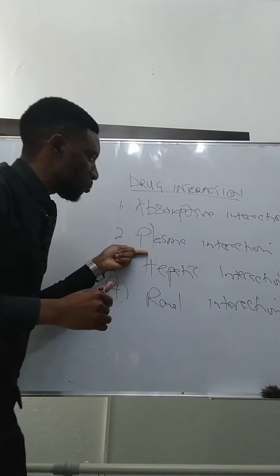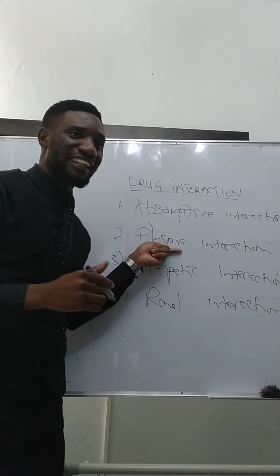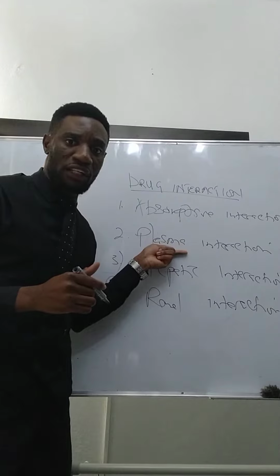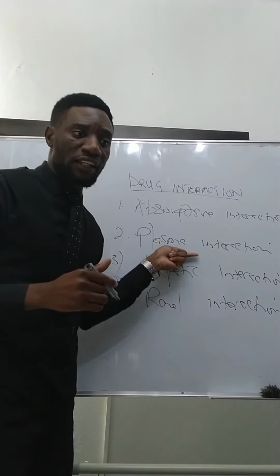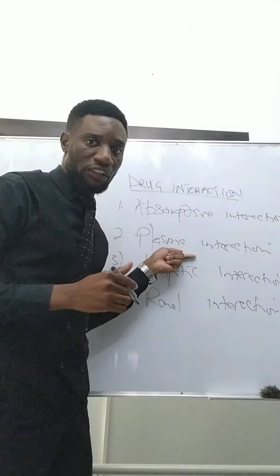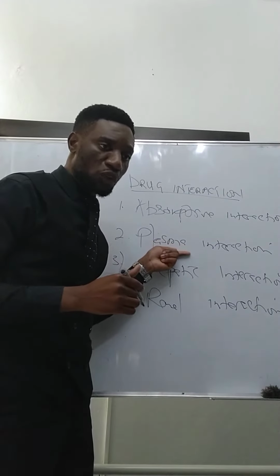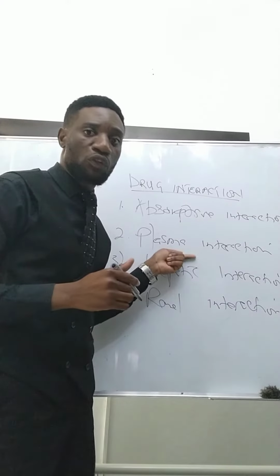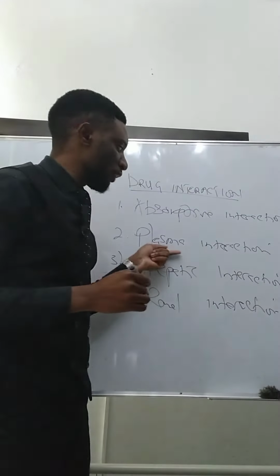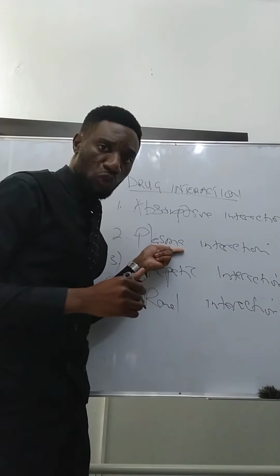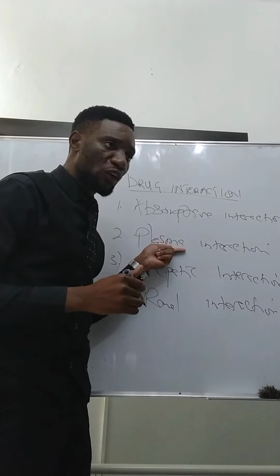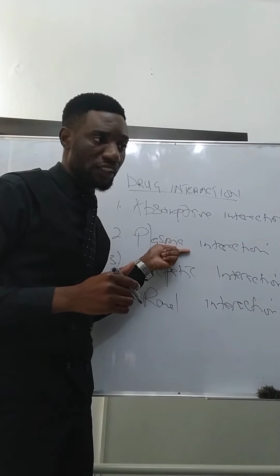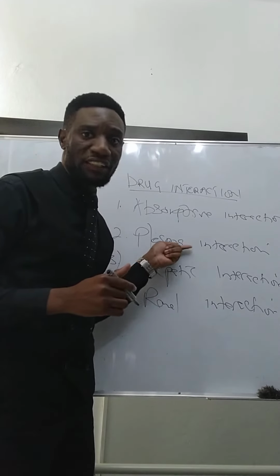The other one is called plasma interactions. Drugs can interact in the plasma, because in the plasma there are important proteins that bind drugs, and their function is to regulate the plasma concentration of chemicals to avoid toxicity to the cells. Two important ones are albumin and alpha-1 acid glycoprotein. Albumin binds acidic drugs, and alpha-1 acid glycoprotein binds basic drugs.